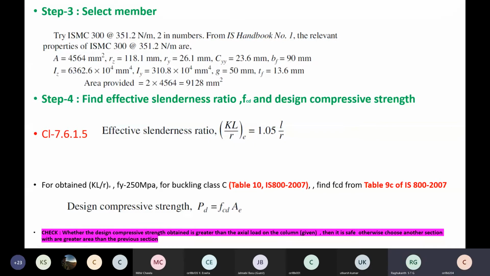Here you are doing a check for the individual members, no? Calculated.